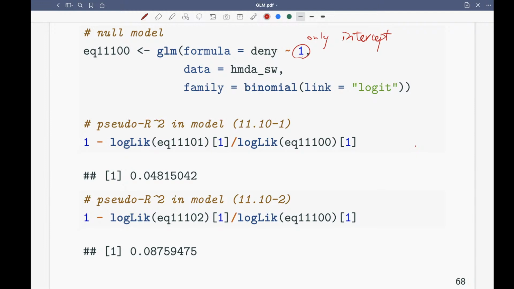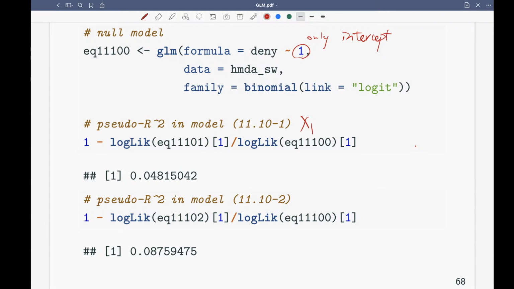We should find the log likelihood of the full model divided by the null model log likelihood. We find the pseudo R-squared is about 4.8% for the model with only one regressor, the P/I ratio.